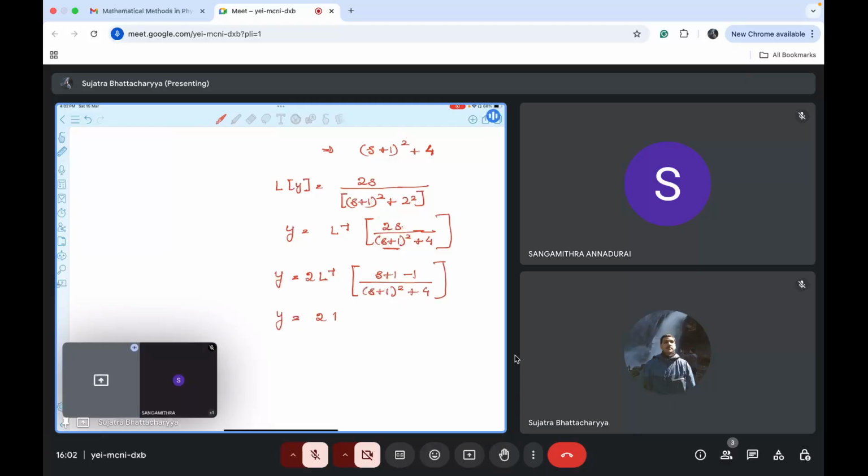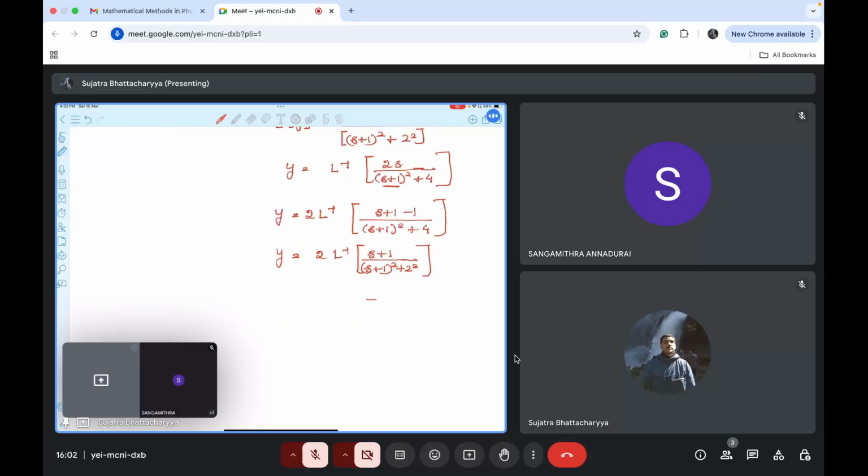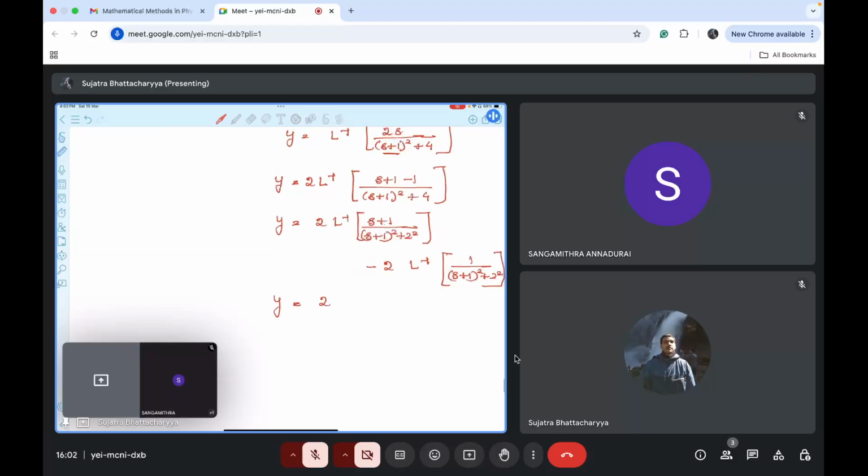Okay. So 2 L inverse of s plus 1 upon s plus 1 whole square plus 2 square, this is number 1. Number 2 is minus 2 L inverse of 1 upon s plus 1 whole square plus 2 square. Then y becomes 2 times, now s upon s square plus 2 square, so it will be cos 2t.